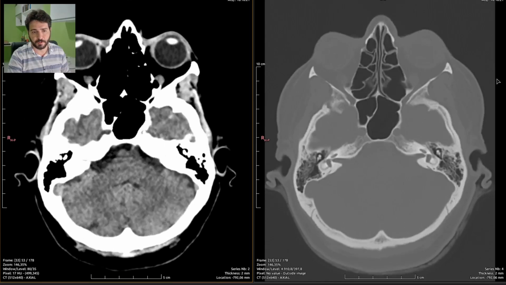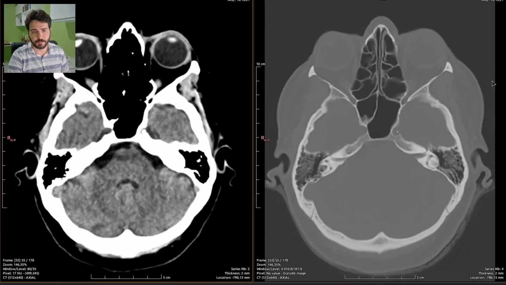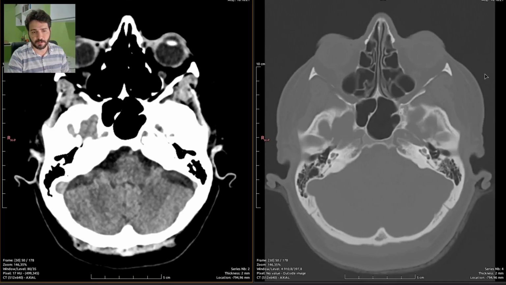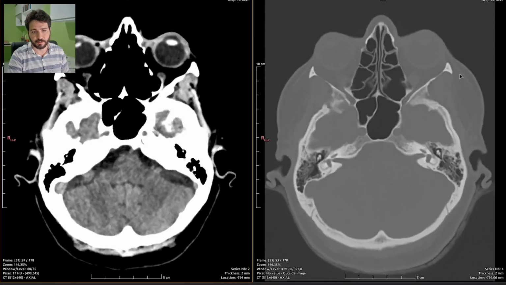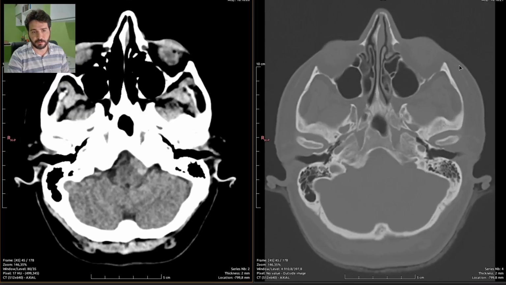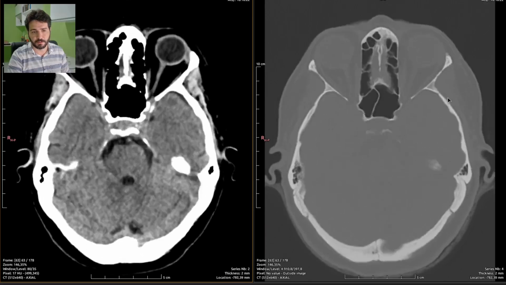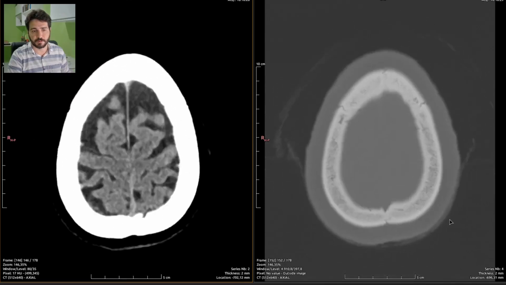Yep, there is. This could be a vascular lesion. This could be a very dilated basilar artery, but this could also be a neoplasm, a tumor. So we're going to describe that.